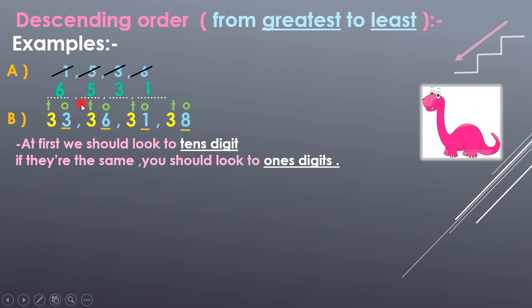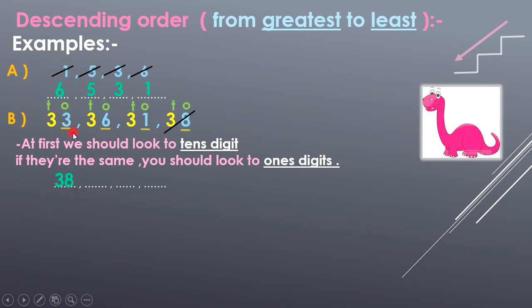Which one is the biggest? Yes, 38, because 8 in the ones digit is the biggest number. So cross 38 and put 38.